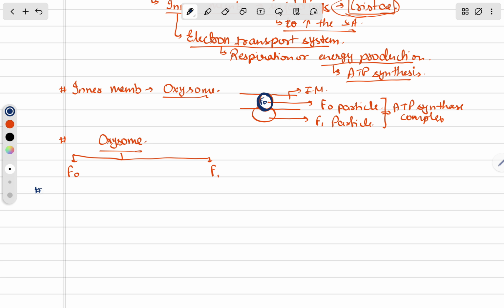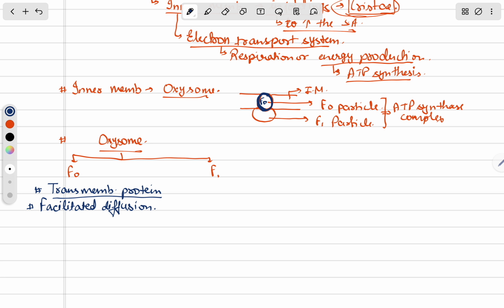So we can say F naught is a transmembrane protein. We have already discussed integral or transmembrane proteins, which completely penetrate the membrane, and it is responsible for facilitated diffusion.